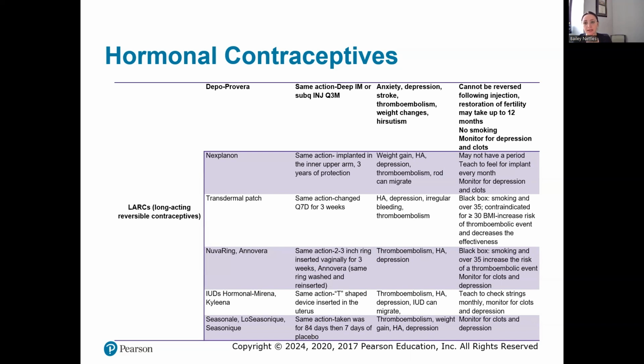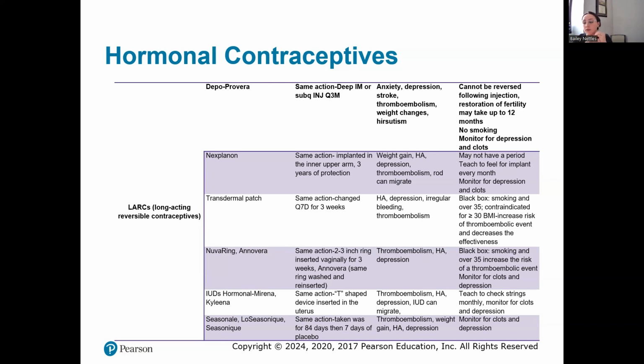Okay. You still can have the hirsutism and the weight gain. I hear those are like the most common side effects. I feel like a lot of people who got the depot shot would have the abnormal hair growth and the weight changes. A lot of times, most birth control makes you gain weight. So anxiety, depression, stroke, thromboembolism. So it cannot be reversed following the injection, but if you wait 3 months, then you don't have any kind of coverage.